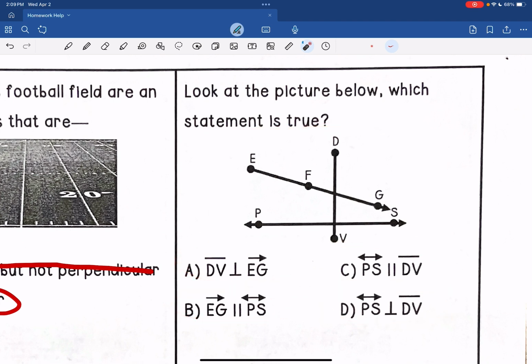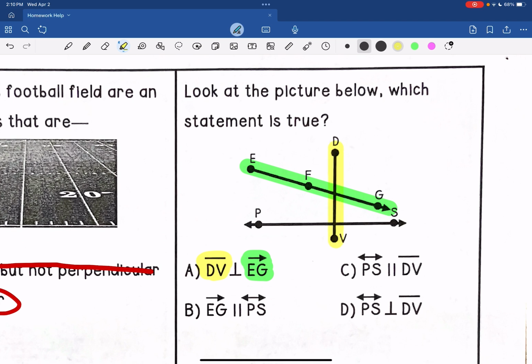So let's start one at a time and look at what A says first. A says line DV is perpendicular to ray EG. Okay, so ray EG, we're going to make green, and that's this guy right here. And then line DV is yellow.